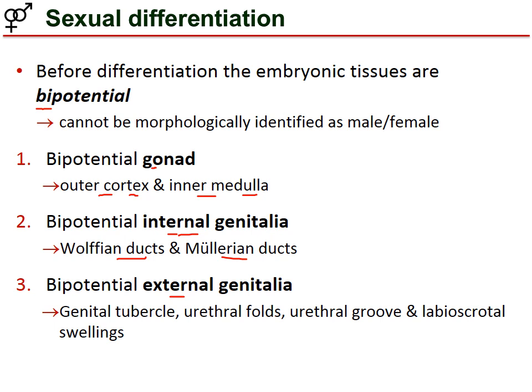And then the bipotential external genitalia consist of the genital tubercle, the urethral fold, urethral groove, and the labioscrotal swellings. These different external structures will then differentiate into the male and the female reproductive structures as the development progresses.